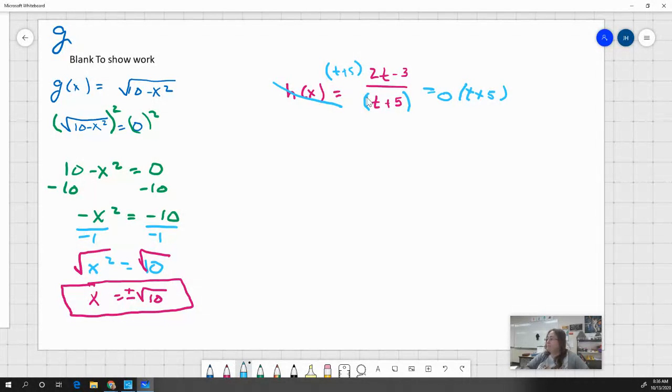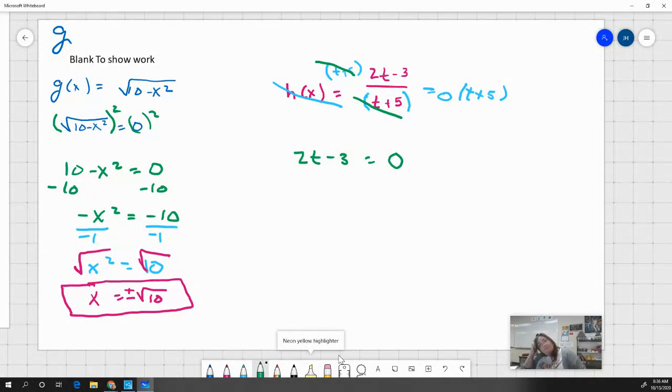I usually like to change colors when I do that. What this does is it cancels this fraction, right? And so we're going to be left with 2t minus 3 equals, well, 0 times t plus 5 is still just 0.